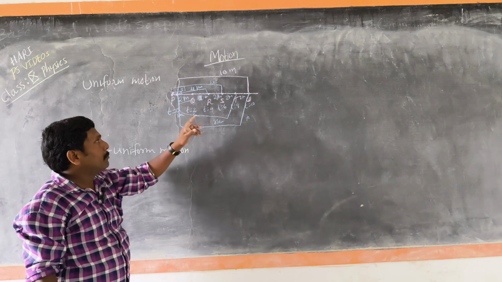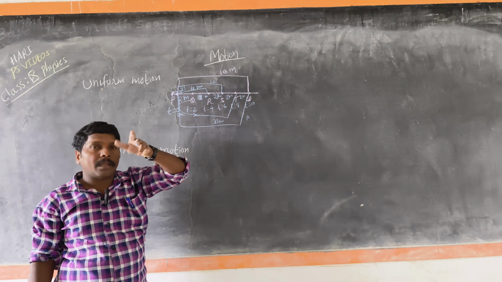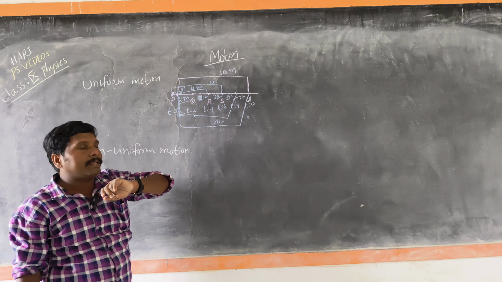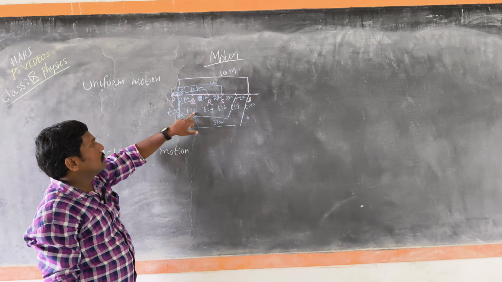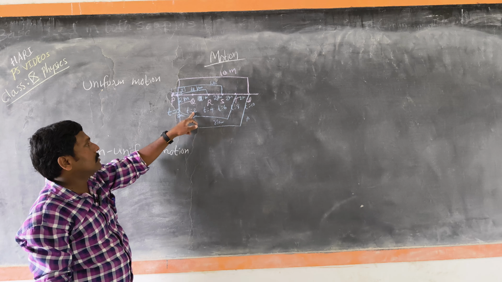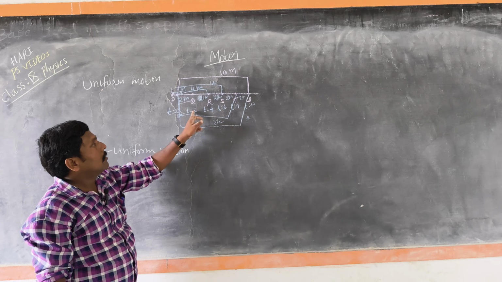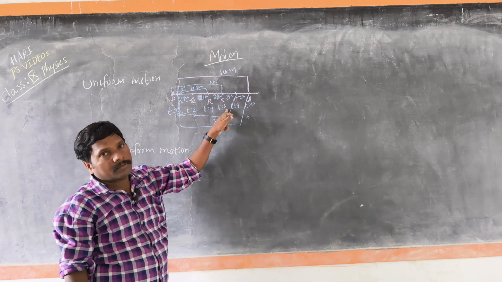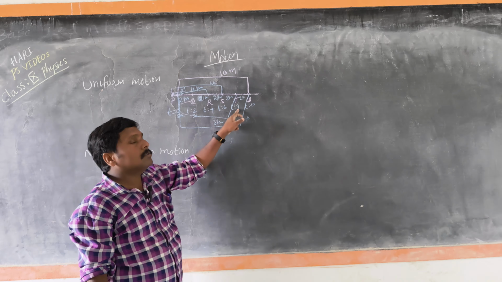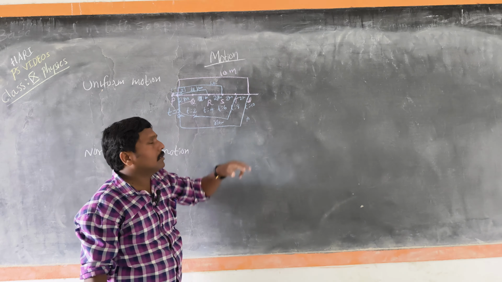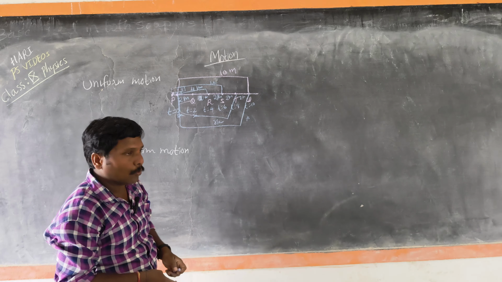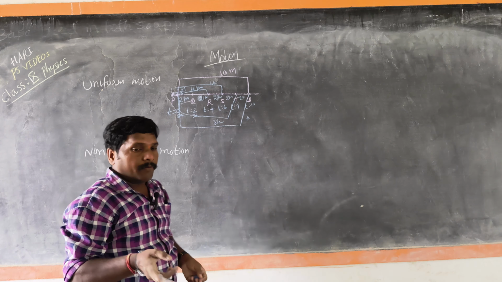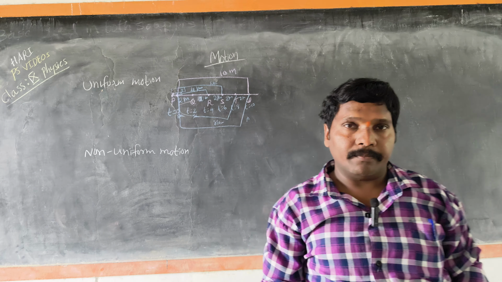How much time is taken by the bus to cover these 2 meters? From t equal to 0 to 2, a difference of 2 seconds. 2 to 4, difference 2 seconds. 4 to 6, 2 seconds. 6 to 8, 2 seconds. 8 to 10, 2 seconds. So here, equal intervals of time.